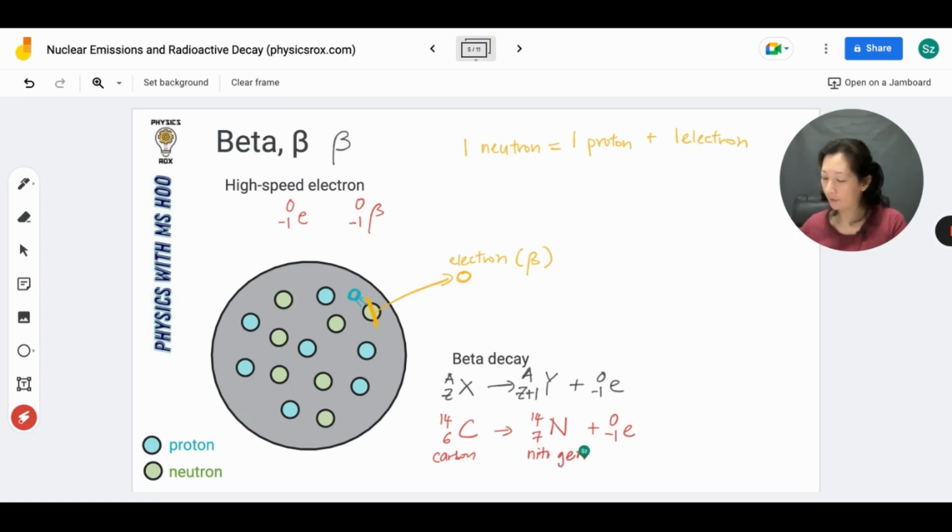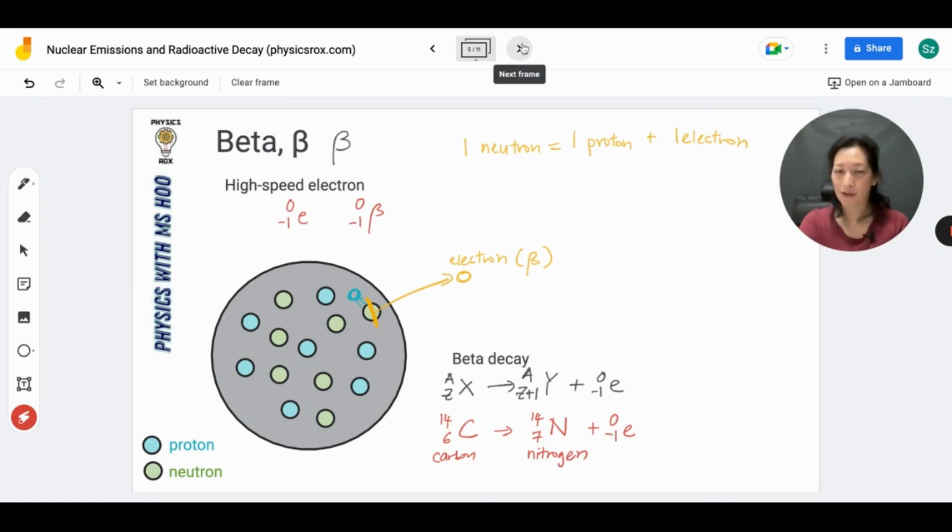Similar to alpha decay, the number on the top must be balanced on both sides of the arrow. The number at the bottom must also be balanced on both sides of the arrow. In this case, because the electron is -1, you have 7 plus -1, which gives you 6. So this is what beta decay looks like.